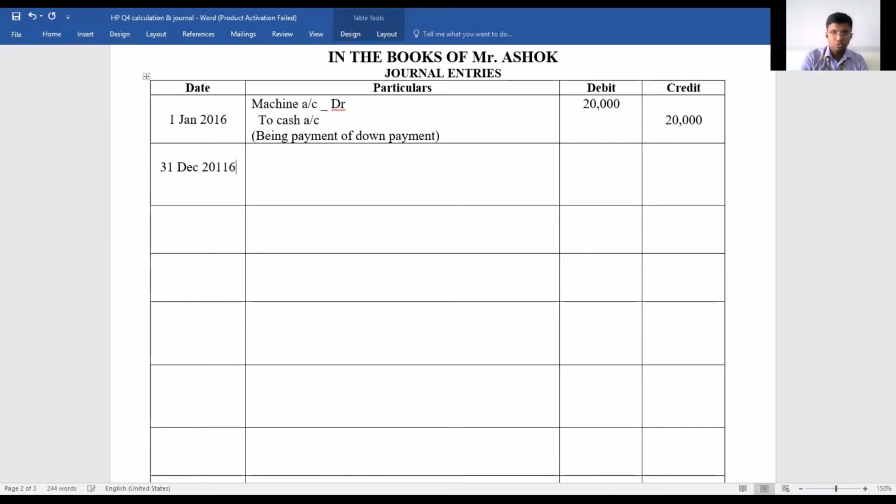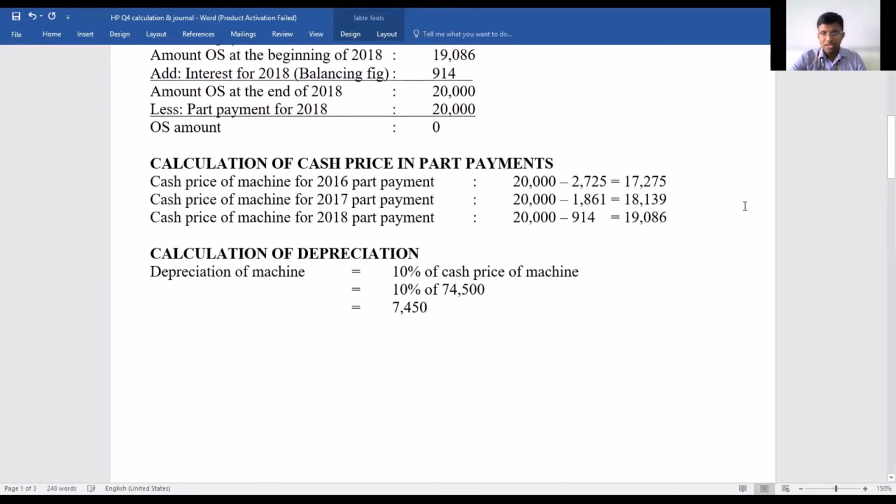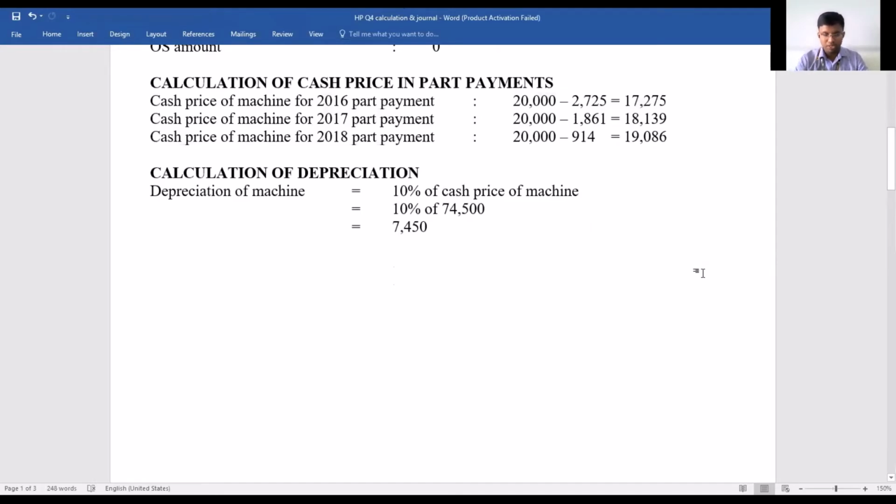Here in this case, it will be 31st December 2016. So the very first entry would be for the part payment becoming due. So part payment, machine account debited. Now here, remember when we had worked out the calculation, we had calculated this breakup. So this is where this breakup becomes crucial for us.